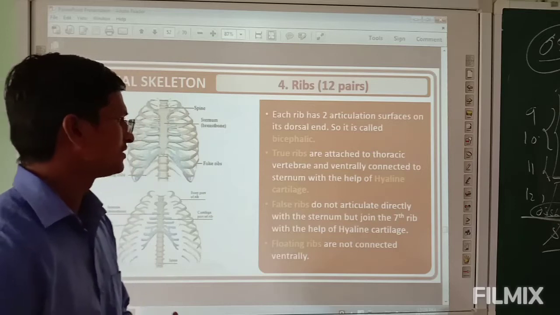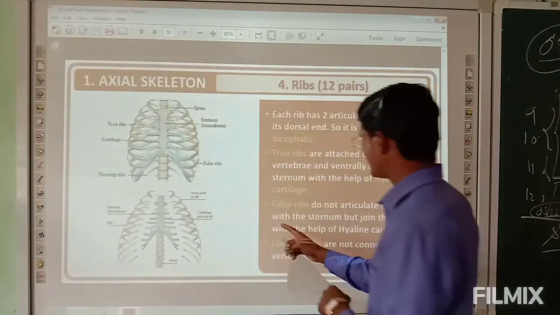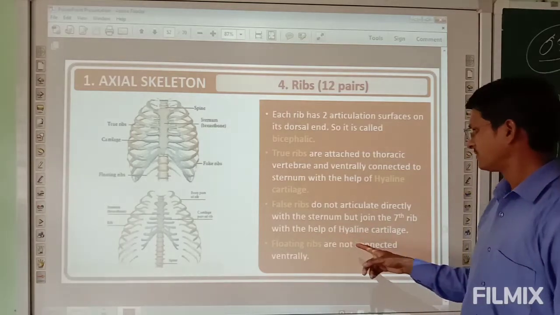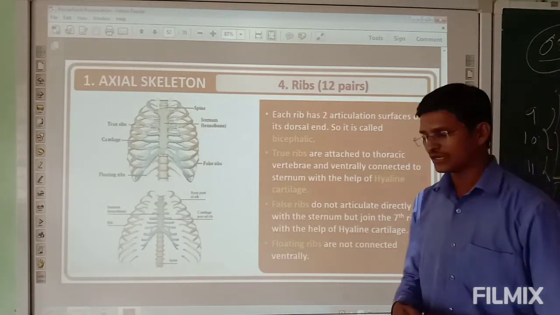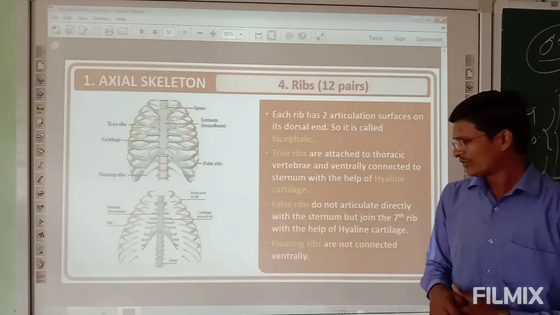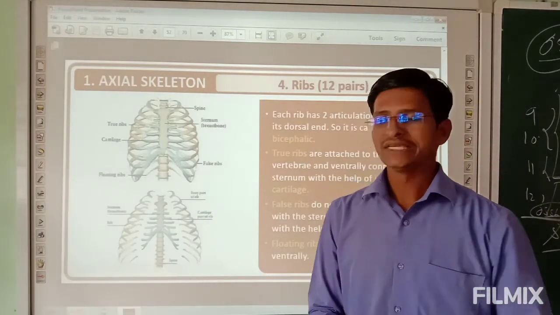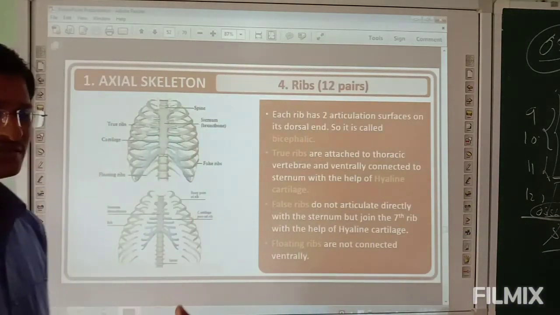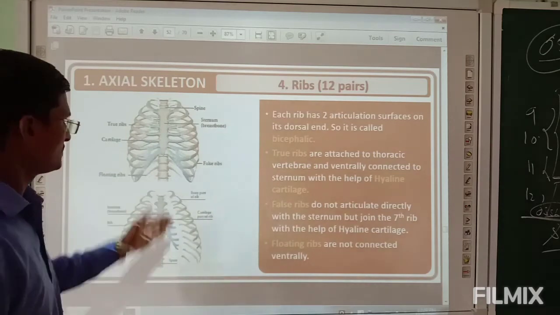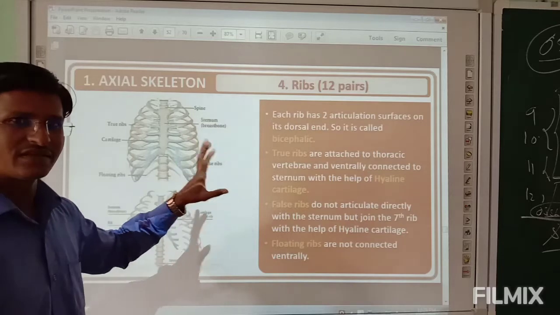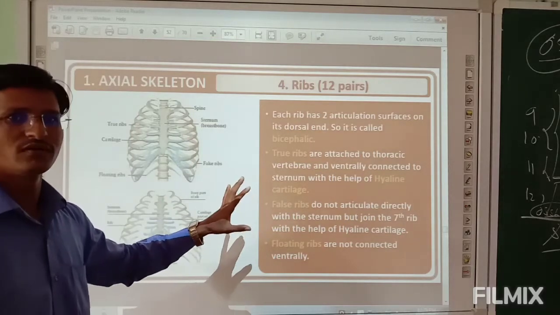The first rib does not articulate directly with the sternum, but joins the 7th rib with the help of hyaline cartilage. Floating ribs are not connected ventrally, so we also need to understand that. My dear students, we are discussing everything in detail. All things are there in the textbook also, we just have to focus on them.